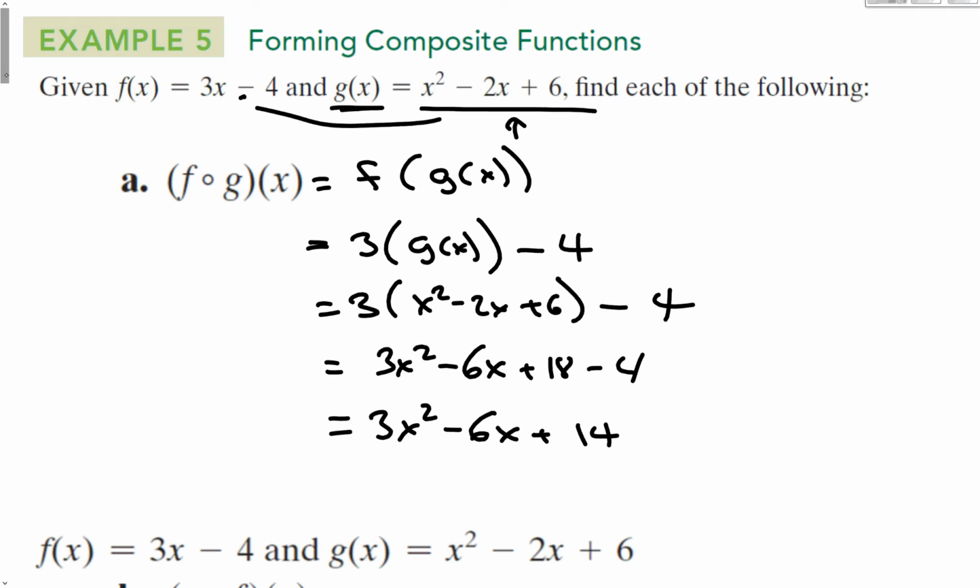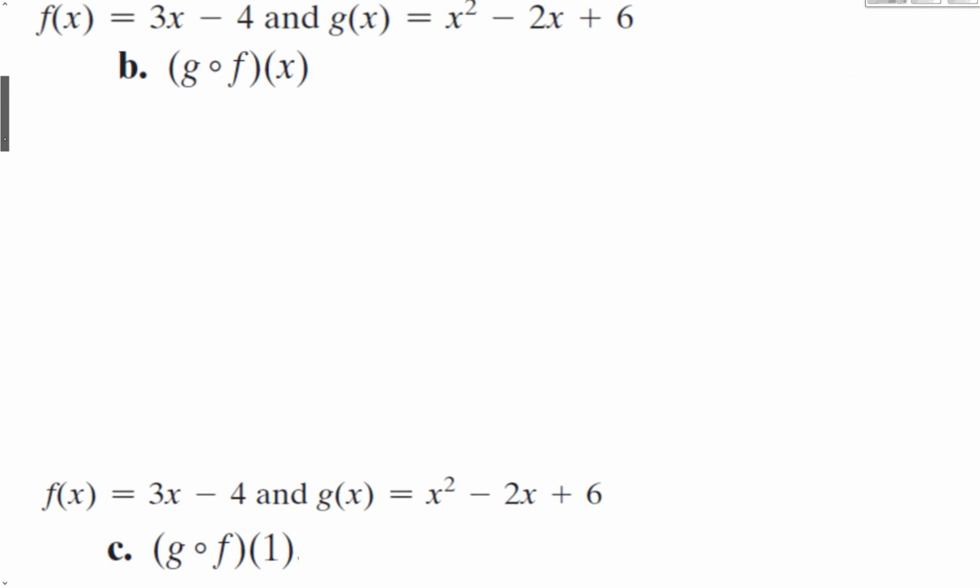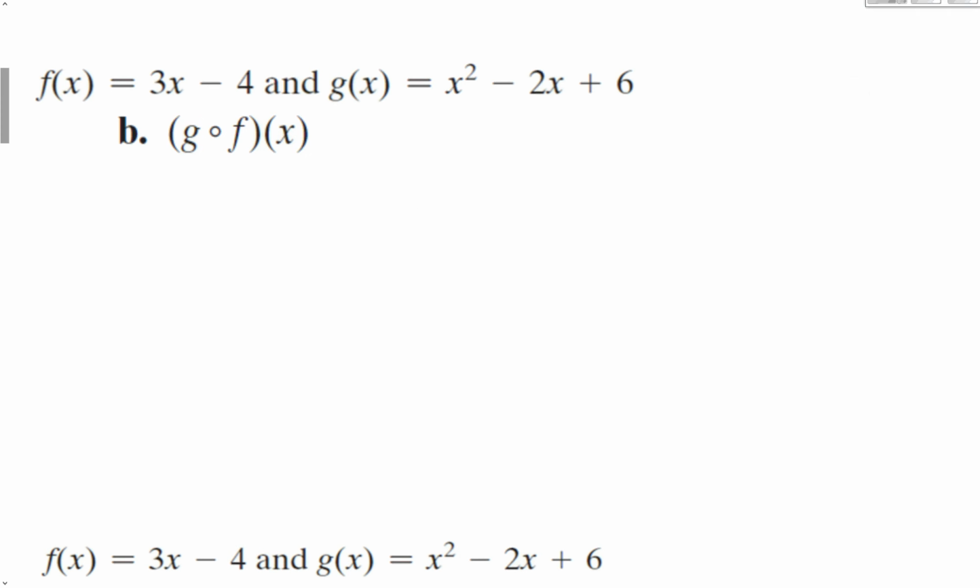Okay, let's go the other way. Let's do g of f of x. So now this means g of f of x. So now f replaces the variable in g. Now this one gets a little more complicated because I got a squared, I got a quadratic.